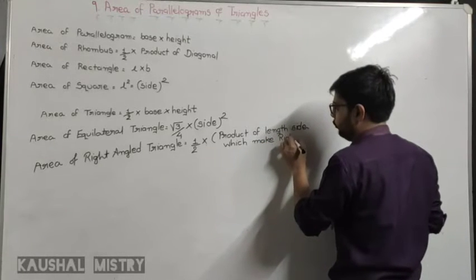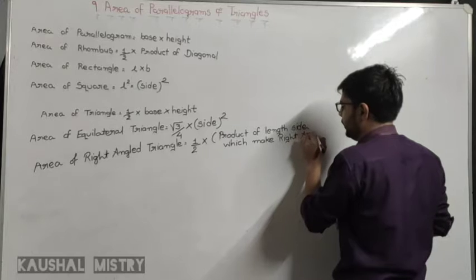So we have to take the product of sides which are making the right angle.